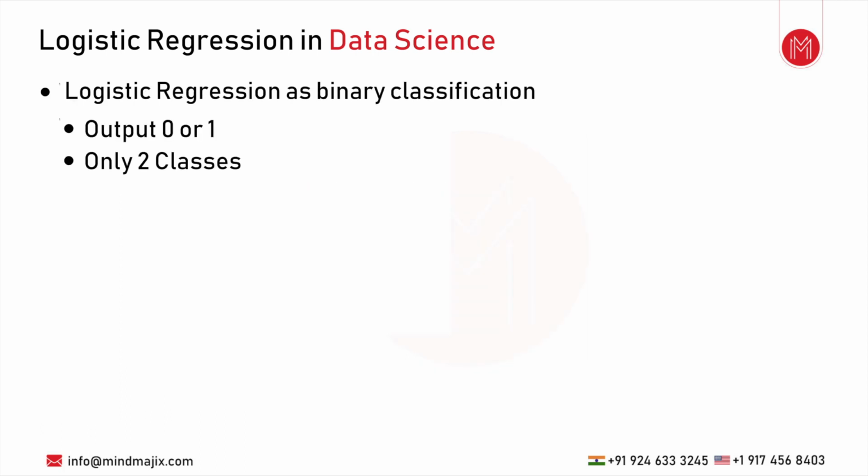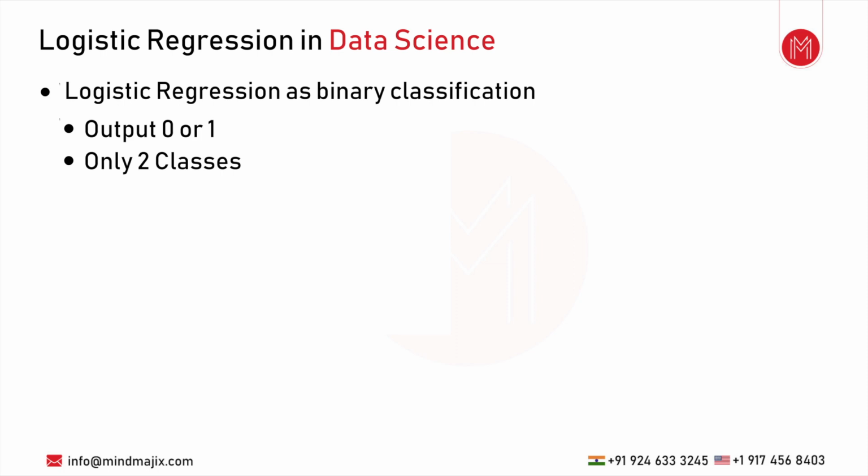Logistic regression as a binary classification. First of all, guys, most people don't even know why we call it binary classification. What does it mean? When we say binary, that means we have just two. What is this two? Basically, it means that in the target value, that is the value you want to find, in your target column, you only have two classes.